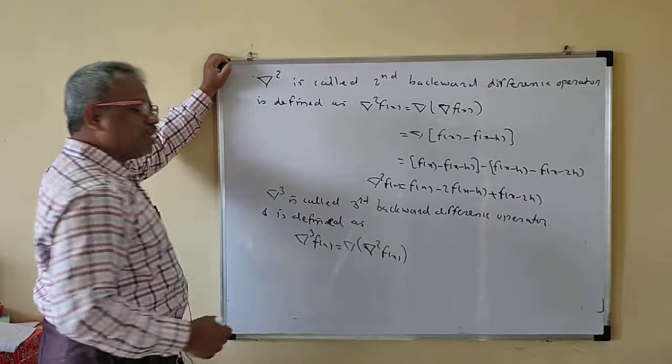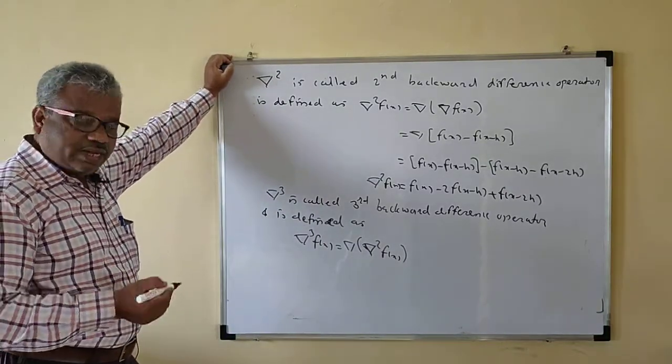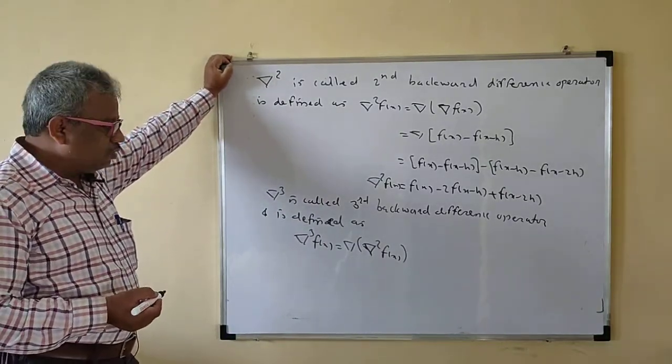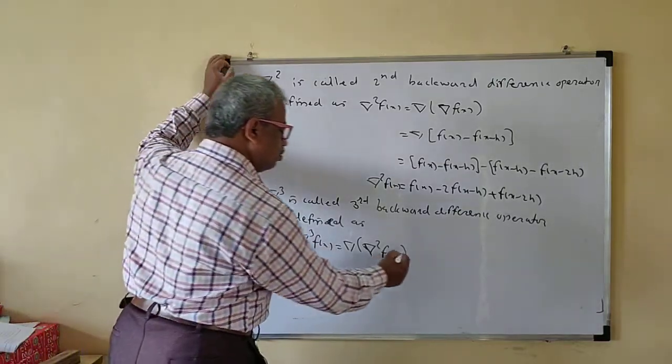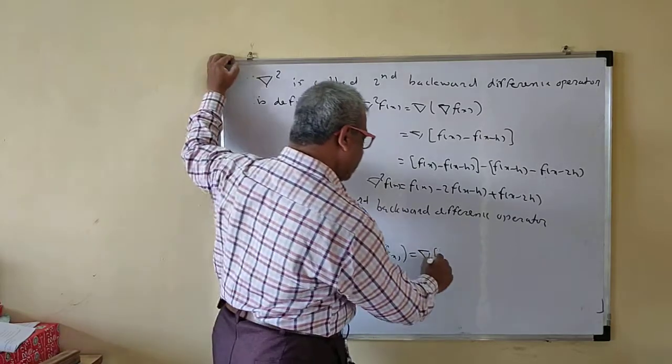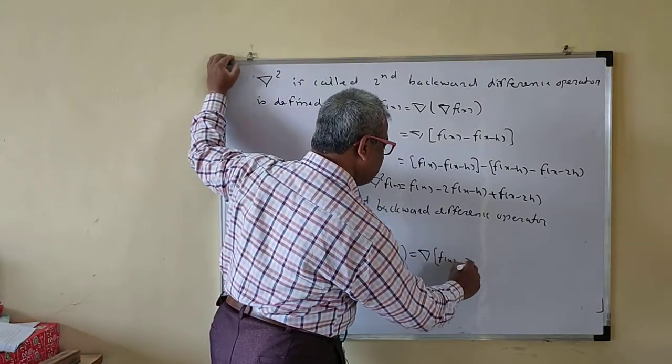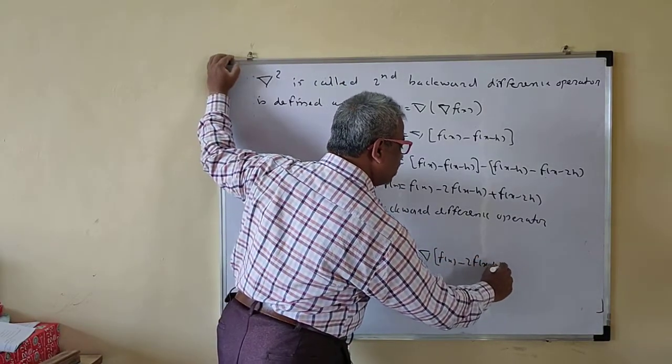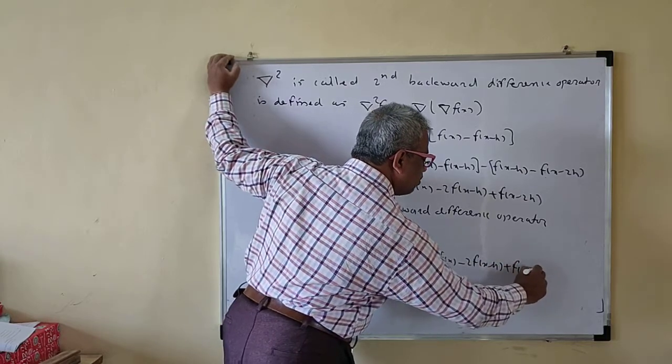We have just calculated nabla square f of x, the second backward difference, so we will apply that one. Nabla square f of x is f of x minus 2 f of x minus h plus f of x minus twice h.